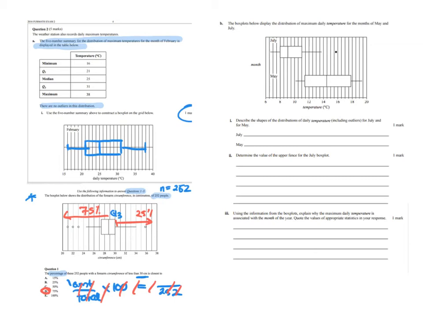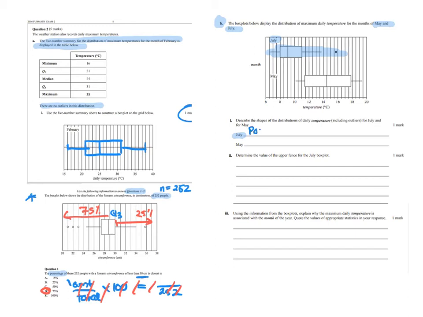The box plot displays the distribution of maximum daily temperatures for the months of May and July. It says describe the shapes of the distribution of temperatures, including outliers, for July and May. All right, so you go to July. July's this guy. What type of shape do we think that is?